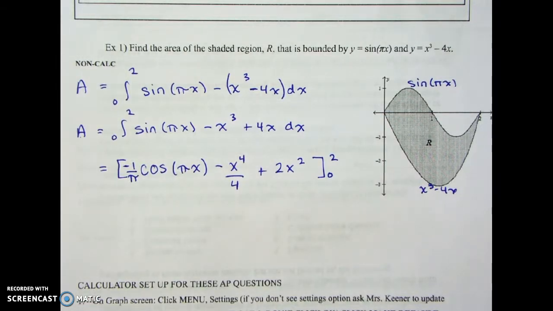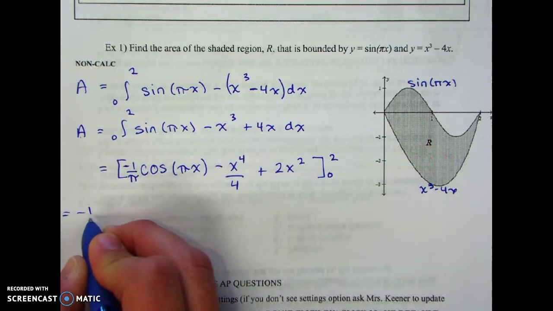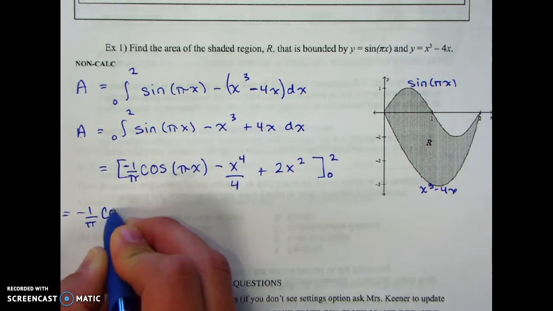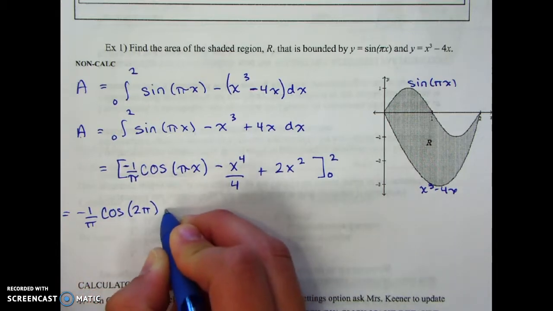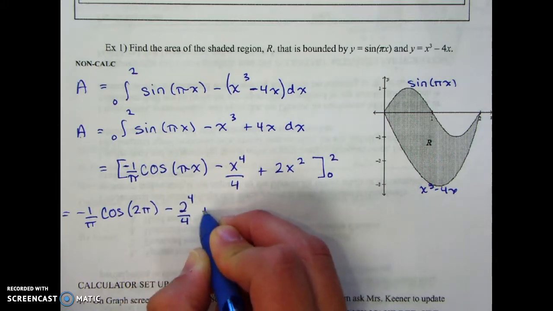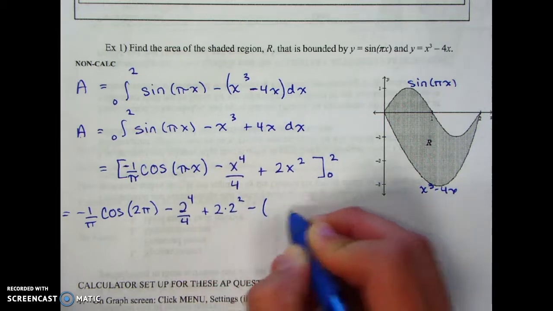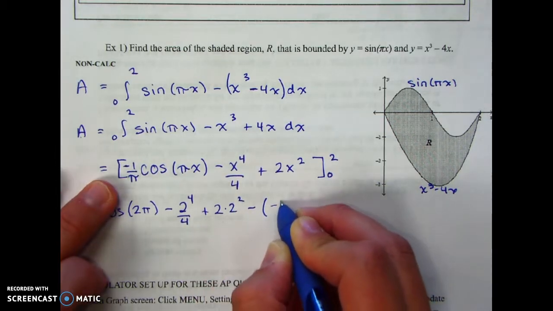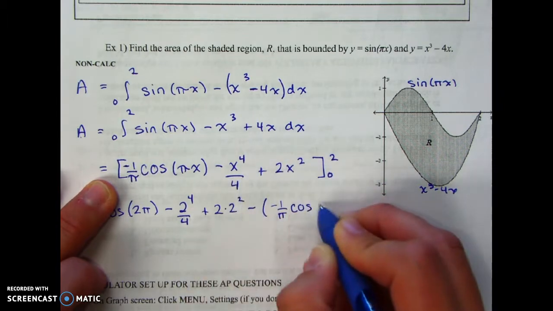All right. Okay, so let's plug in 2. And we like 2 because we have 2 pi minus 2 to the 4th power over 4 plus 2 times 2 squared. And then we're going to plug the 0 in, but be careful, the cosine of 0 isn't 0. You can't just wipe it out like we can wipe those out.